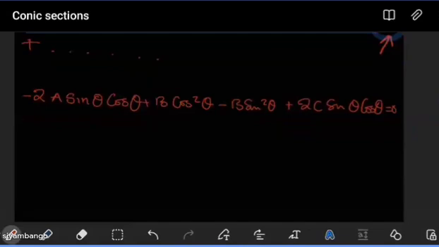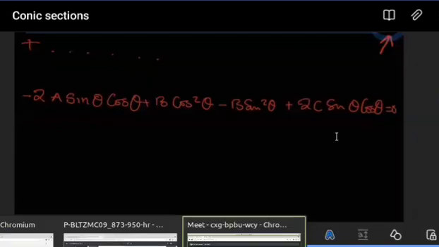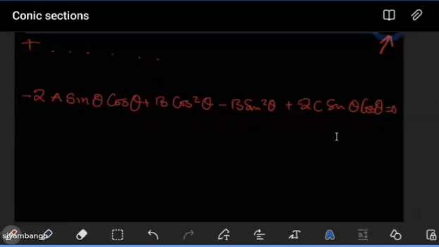So we now just need to simplify this expression. There are various ways that you can do this. Some things here seem to have things in common. For example, we have the sine theta here, so these can be grouped together.